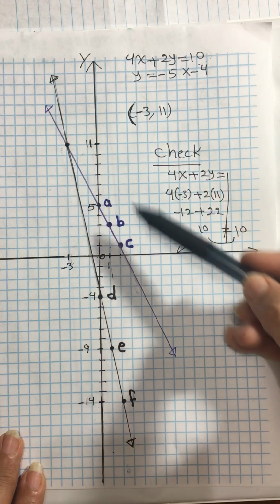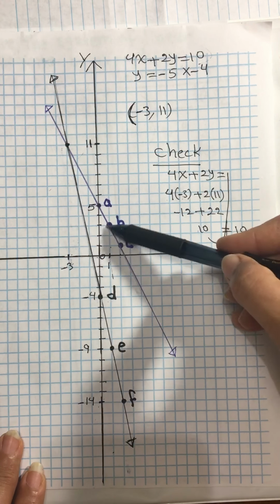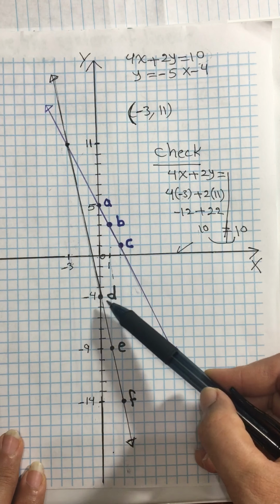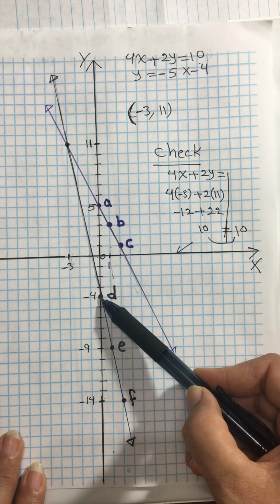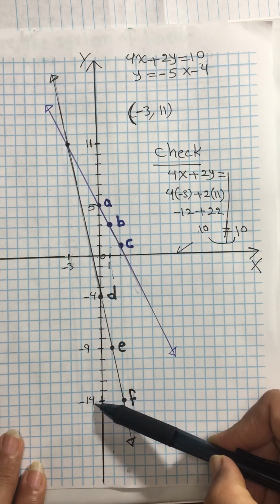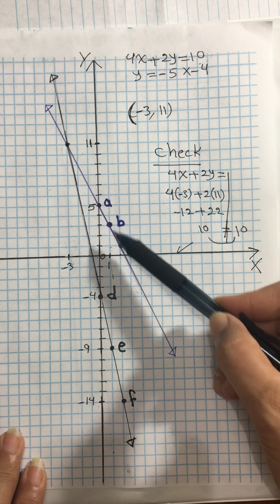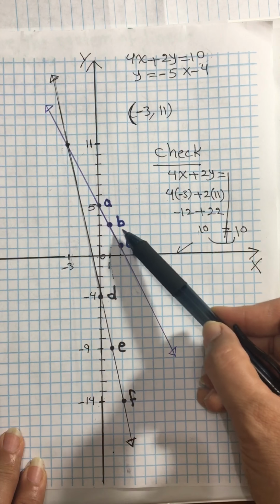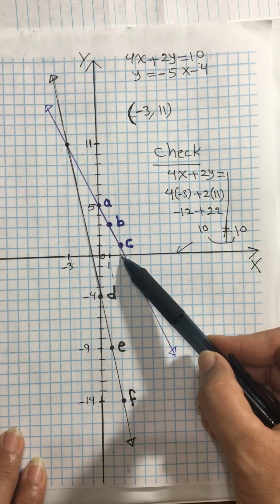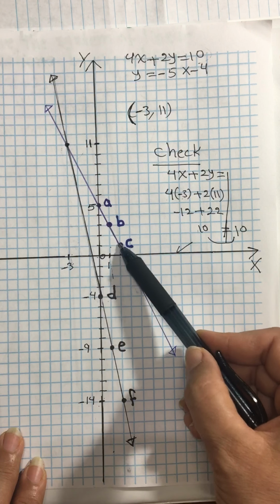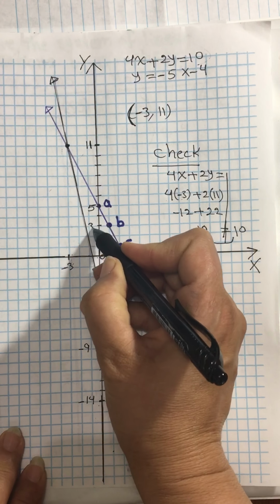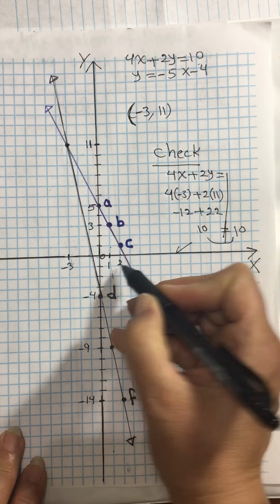So I graphed ABC right here, and DEF: D (0, negative 4), E (1, negative 9), F (2, negative 14), A (0, 5), B (1, 3), C (2, 1). This is 3. That's 2.